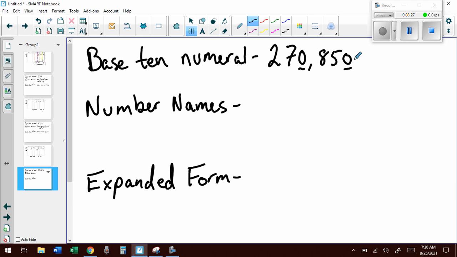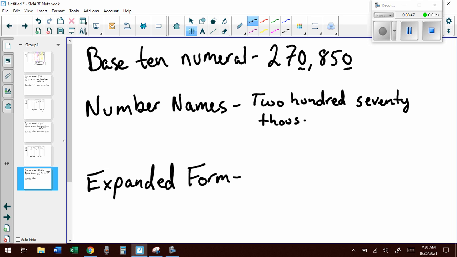Now on to number names. Number names is just the way you say that number. So two hundred seventy thousand, eight hundred fifty.